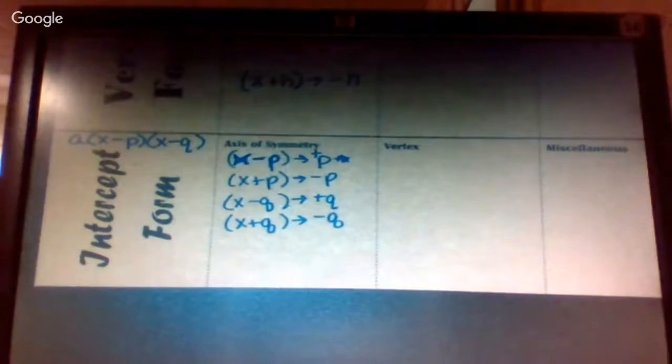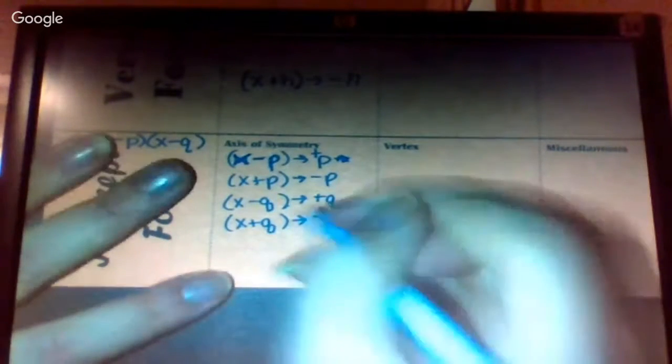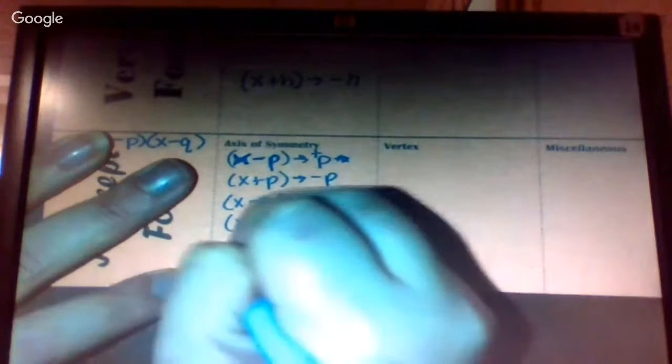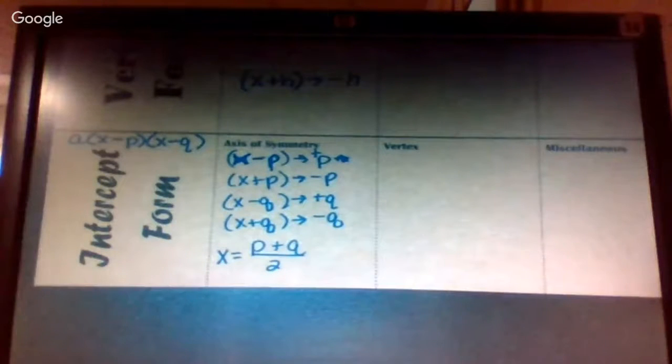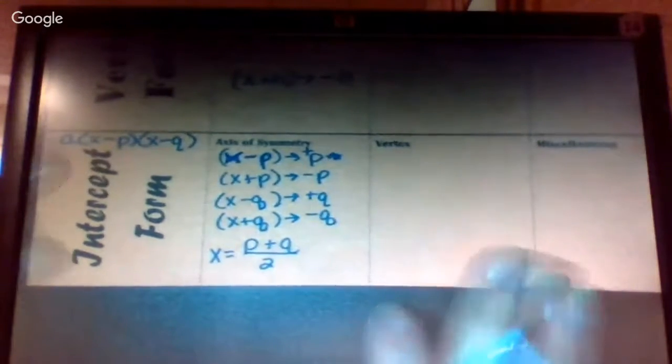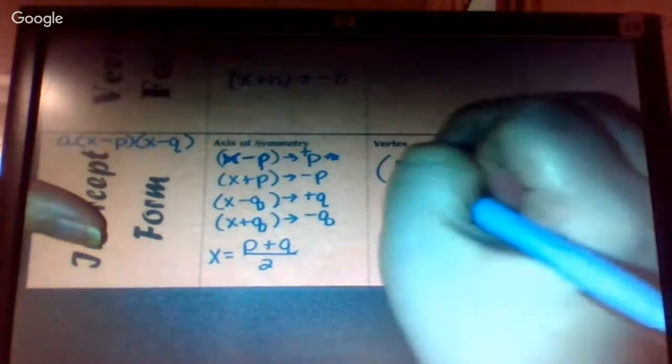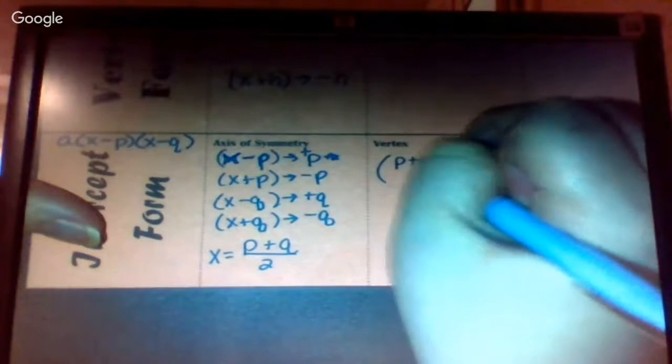Okay, to find your axis of symmetry from this equation, you add your p and q, and we divide by 2. So x equals p plus q divided by 2. To go from axis of symmetry to vertex, your axis of symmetry becomes the x value of your vertex.